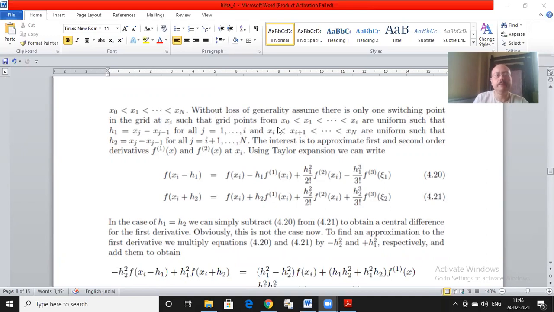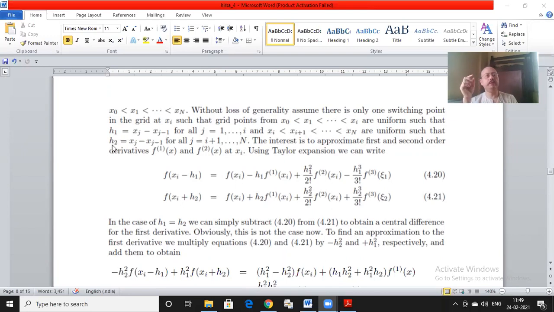That means all the spacings up to xi are uniform with distance h1, and all the spacings after xi are again uniform with spacing h2. So I am just using two spacing rules. The change point is at xi. The points before xi are h1 apart, the points after xi are h2 apart.